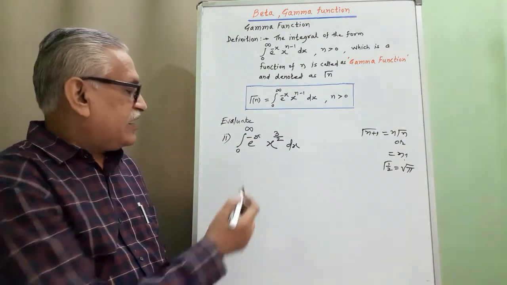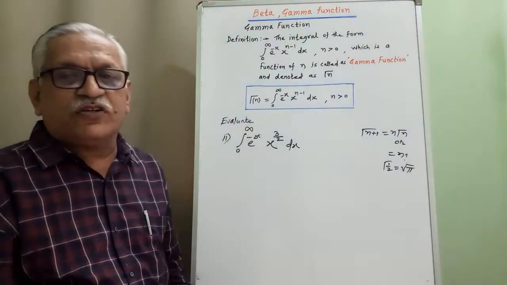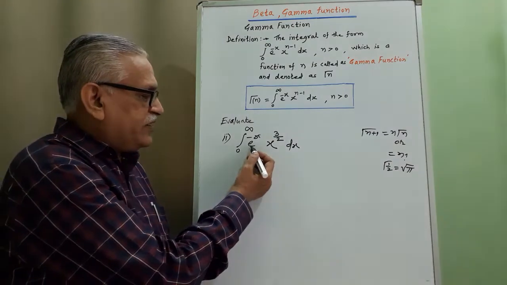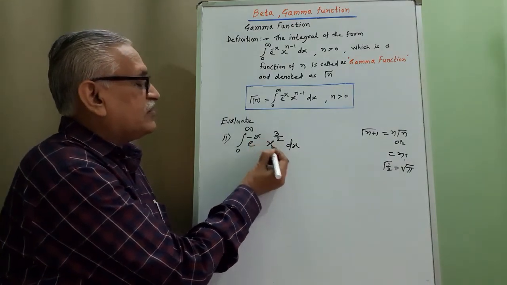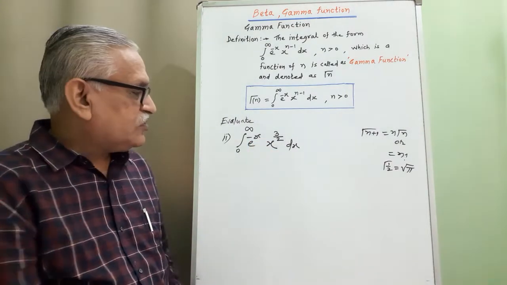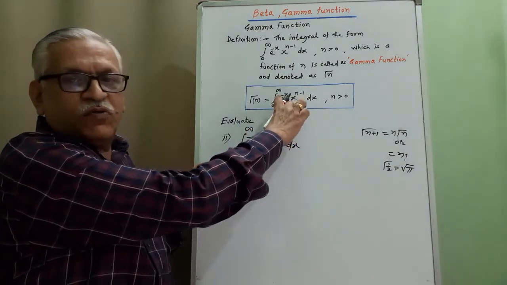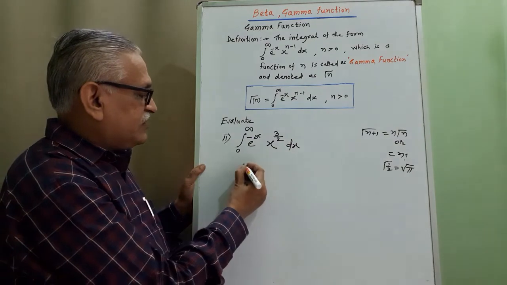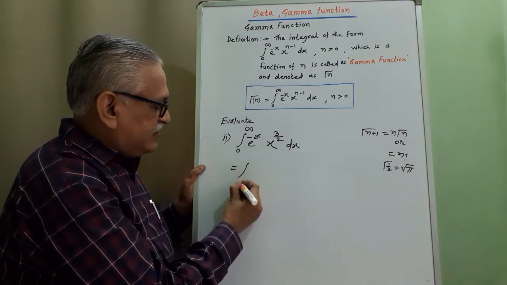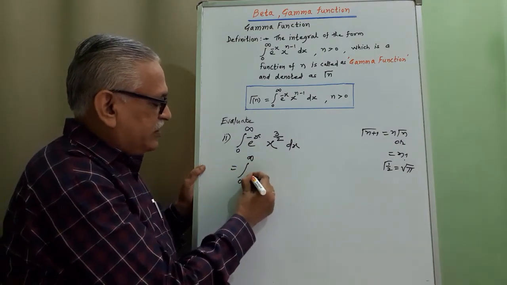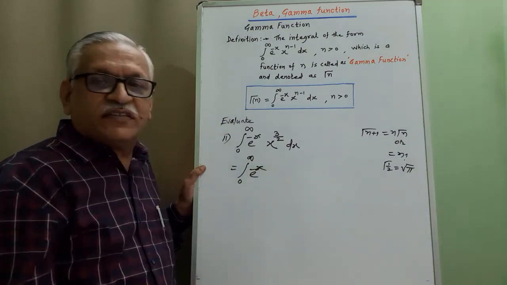Evaluate integration from 0 to infinity of e raised to minus x into x raised to 3 by 2 with respect to x. Once again converting into the definition of the Gamma function, I can rewrite this as 0 to infinity, no change. e raised to minus x also I will keep as it is.